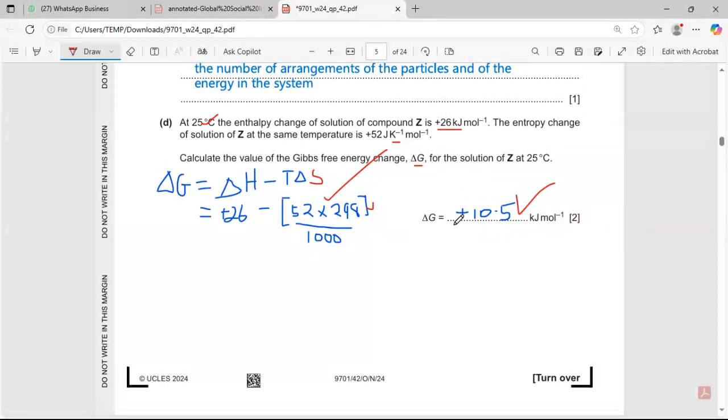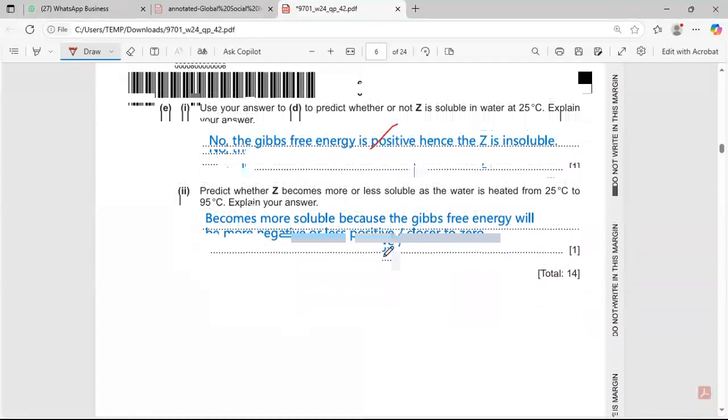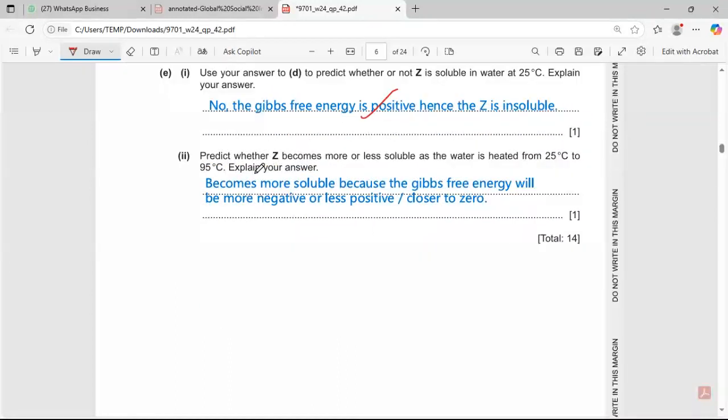When your Gibbs free energy is positive, this indicates that the reaction is not feasible. This means that compound Z is not soluble in water at 25 degrees Celsius. So you just say no, the Gibbs free energy is positive, hence Z is insoluble. That will also earn you a mark.